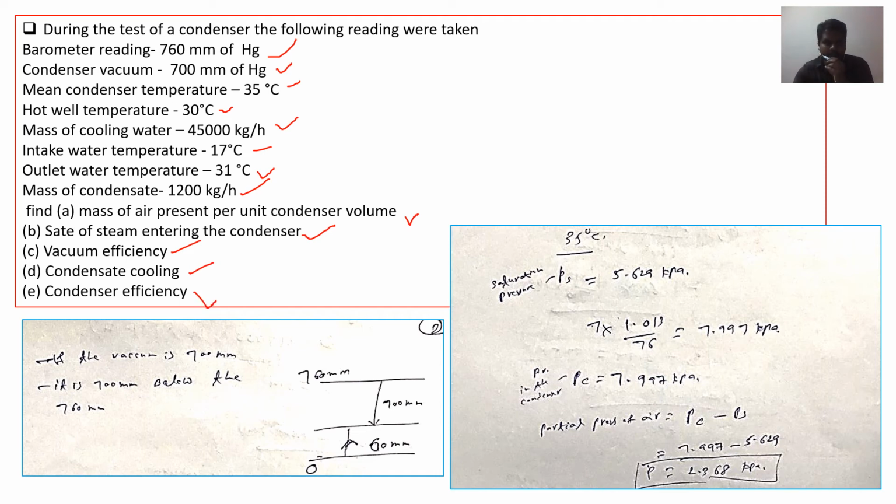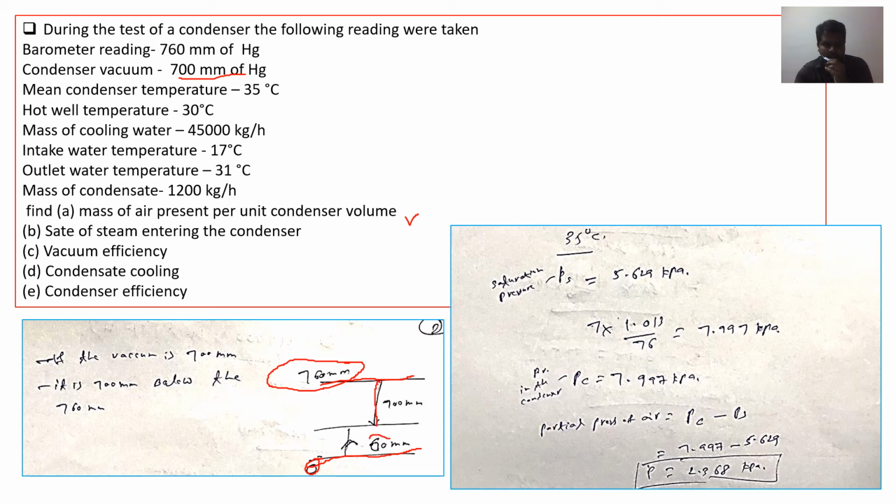So here, if you take this as zero pressure, the atmospheric pressure is 760 mm, this we know. But in the problem the vacuum pressure is 700 mm of Hg, which means 700 mm below 760 mm.